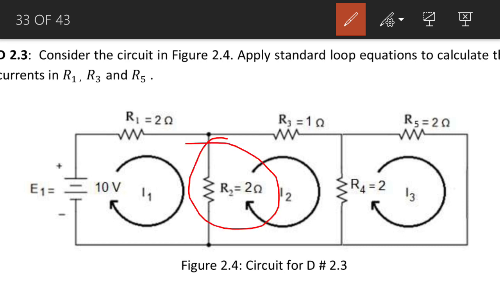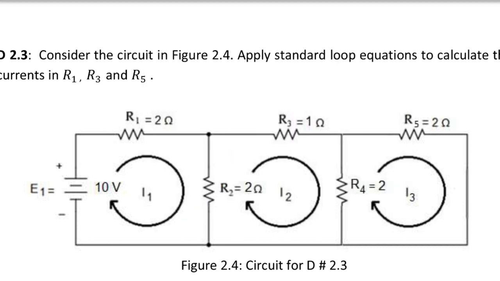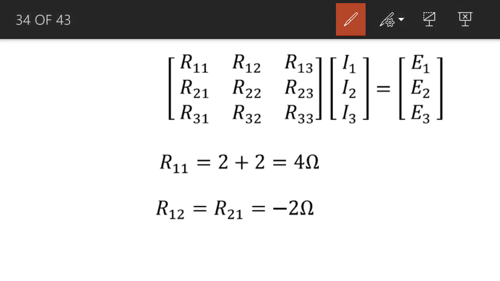So R2 is a member of loop number 1 as well as loop number 2, and the two currents are in the opposite direction through this resistor. I1 is in the downward direction, I2 is in the upward direction. So there will be a minus sign with the resistance of R2. So R12 is equal to R21, and that is equal to minus 2 ohm.